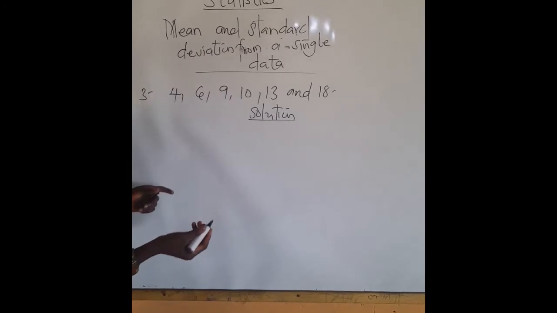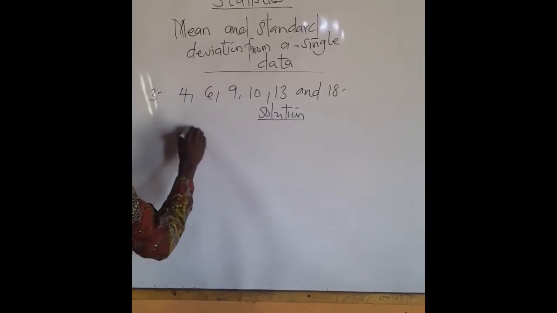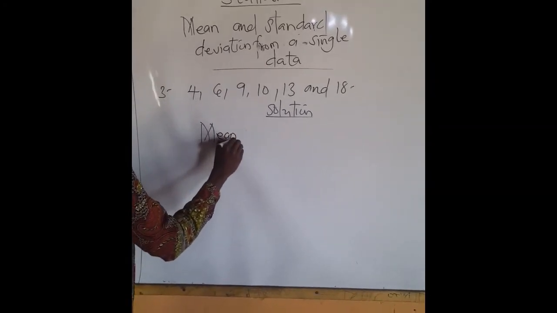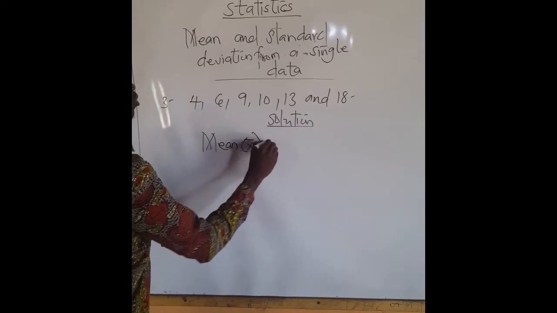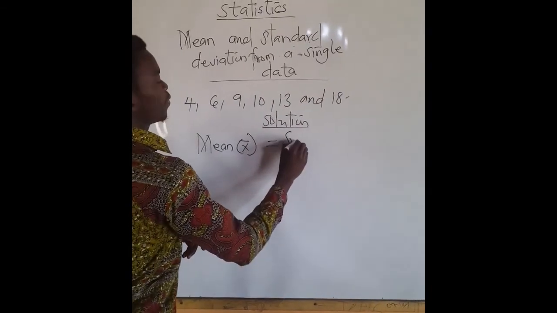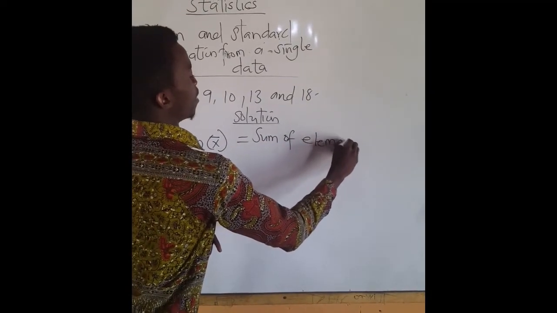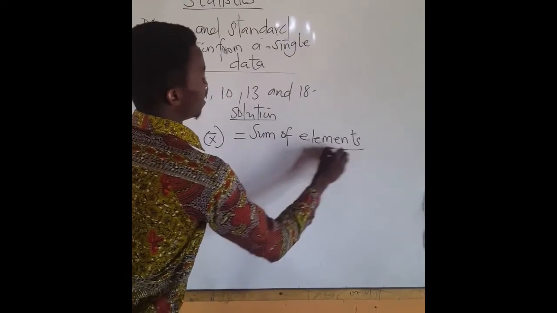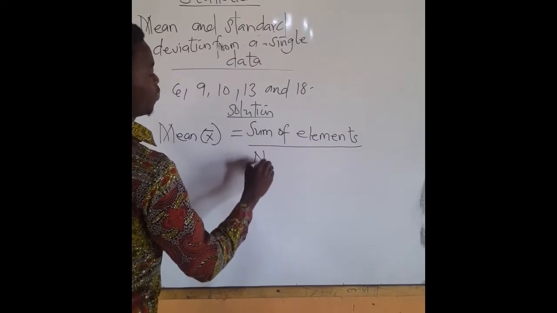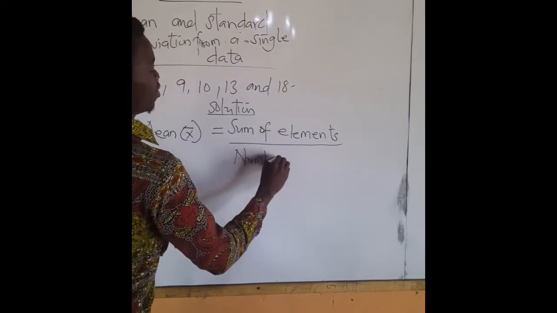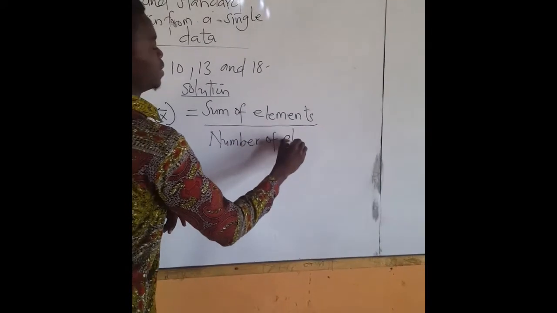So first of all, we start by calculating the mean. Our mean, which is x bar, is going to give us what? The sum of elements divided by the number of elements.